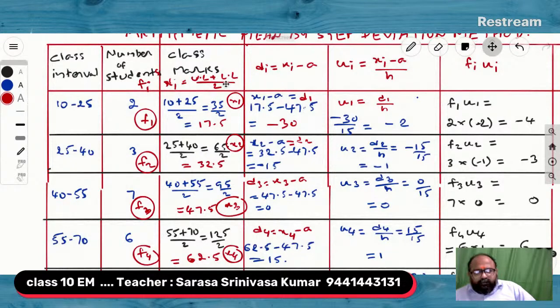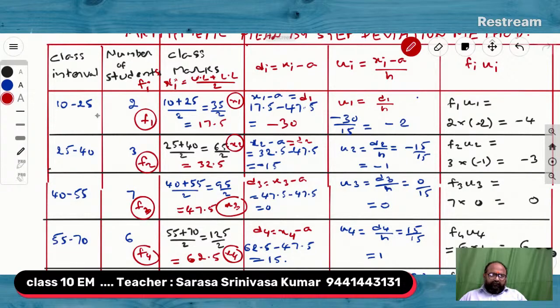Class marks are denoted by x1, x2, x3, x4, x5, x6. Here we have written xi equal to upper limit plus lower limit by 2.